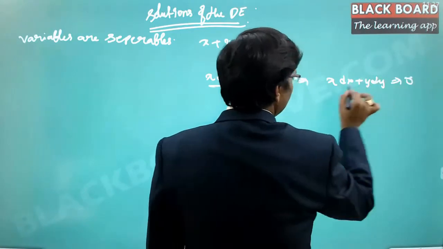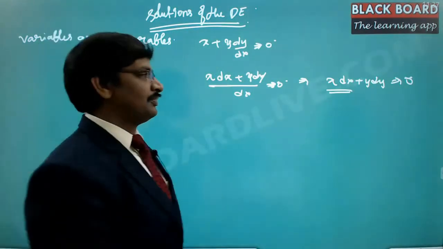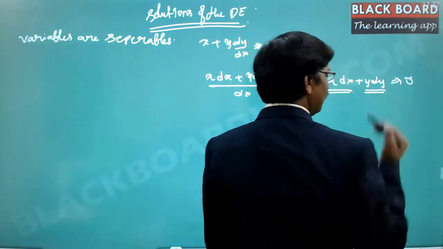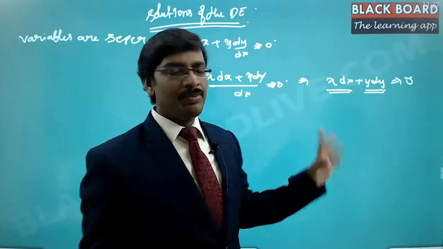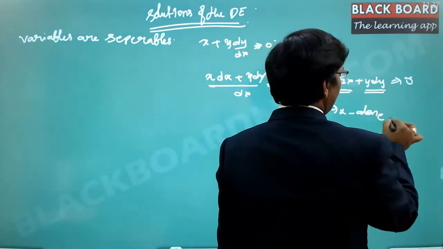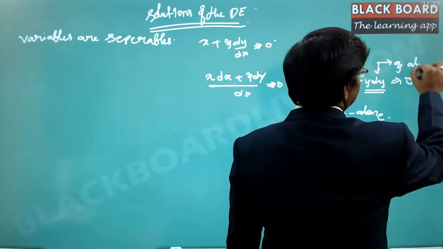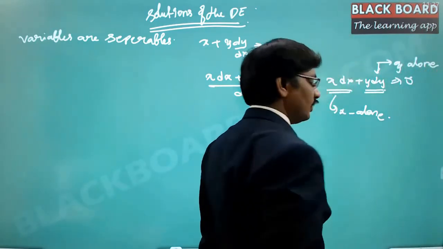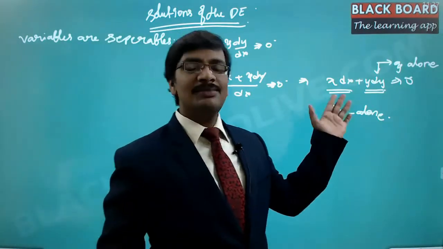Now see this, here the function of x is multiplied by dx and the function of y is multiplied by dy. So I could separate x alone and I could separate y alone, as I could separate into the categories of x and y. Hence the variables are separable.